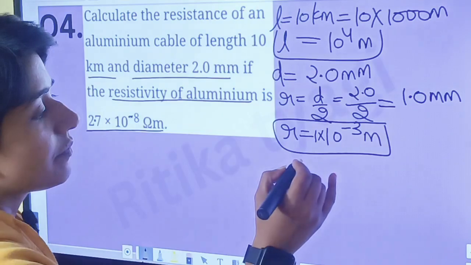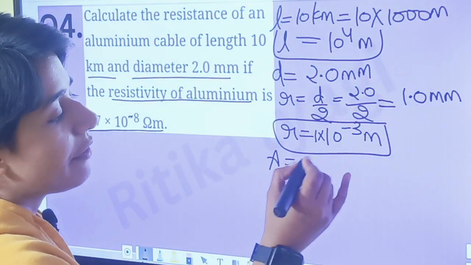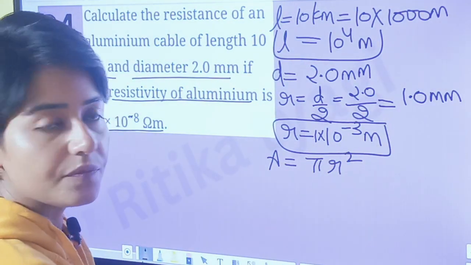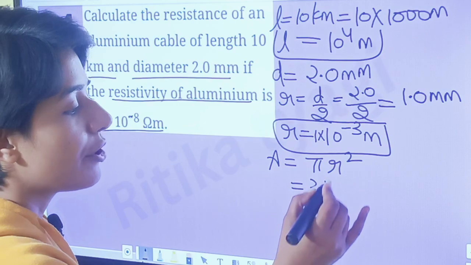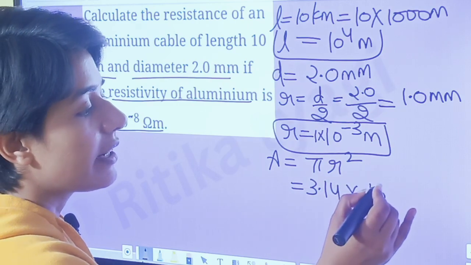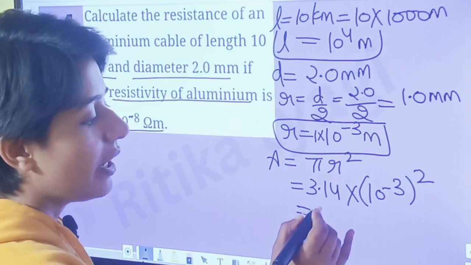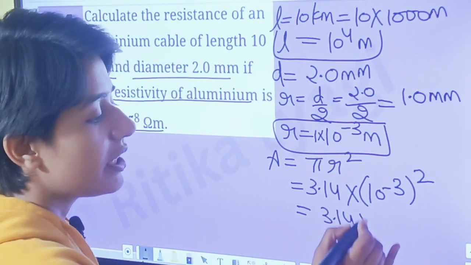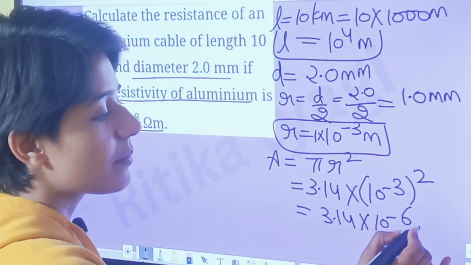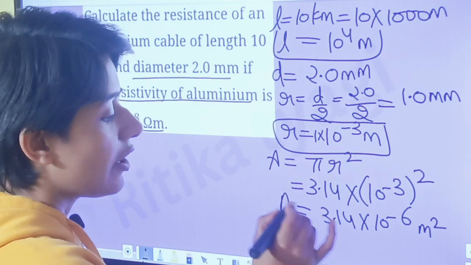Resistivity is given. Value of A is pi r square. Value of pi is 3.14 multiplying 10 to the power negative 3, squared. So here 3.14 into 10 to the power negative 6 meter square is the area of cross section.